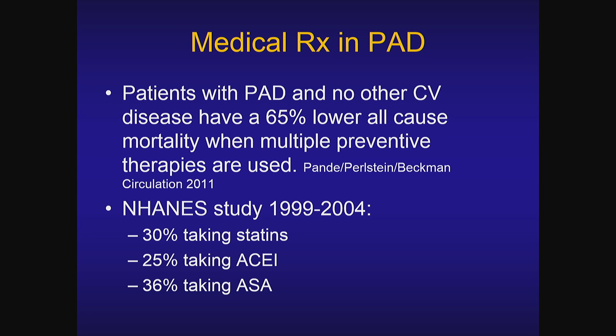It is clear that patients with peripheral artery disease and no other cardiovascular disease, no symptoms of coronary or carotid artery disease, have a 65% lower all-cause mortality when multiple of these preventive therapies are used.